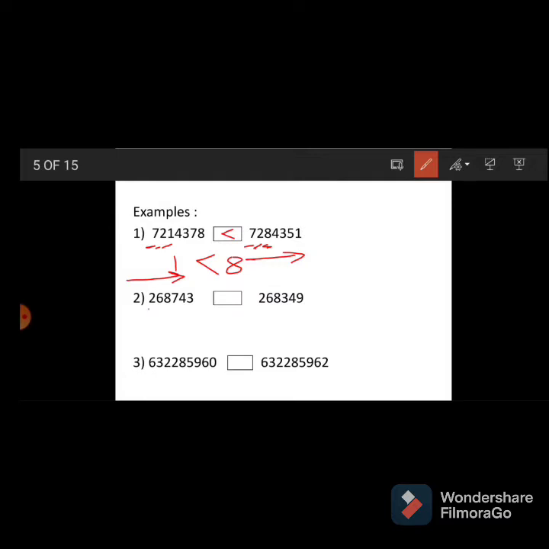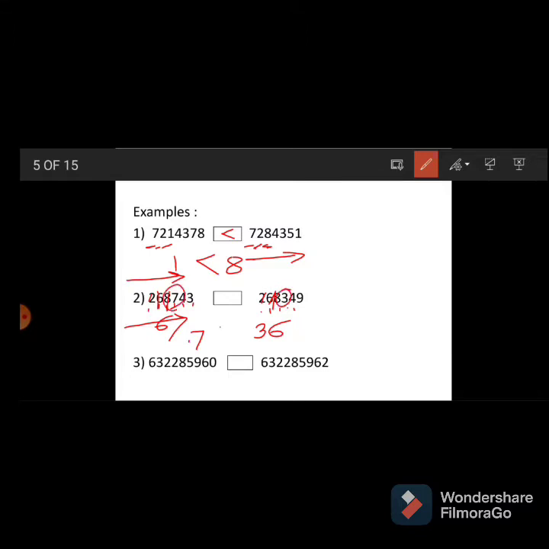Again, see the second example. Check the number of digits: 1 2 3 4 5 6. Here 1 2 3 4 5 6. Again 6 digits, means the same. Then we have to check digits starting from the left-hand side. See, first 2 and 2 are the same, then 6 and 6 are the same, then the third, 8 and 8, again the same, then next 7 and here 3.